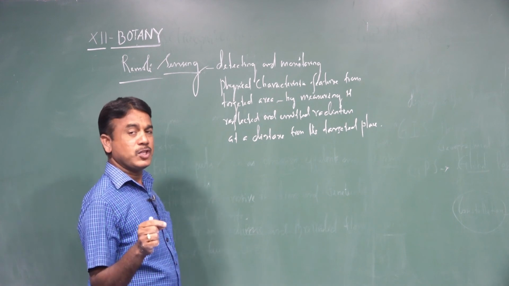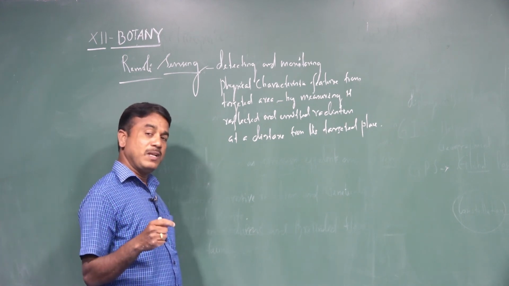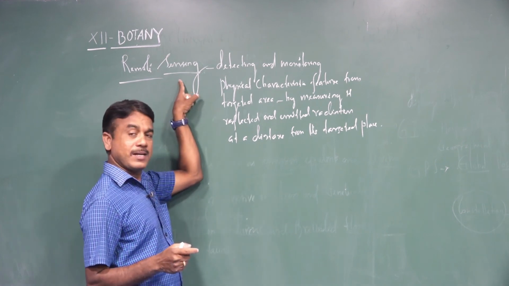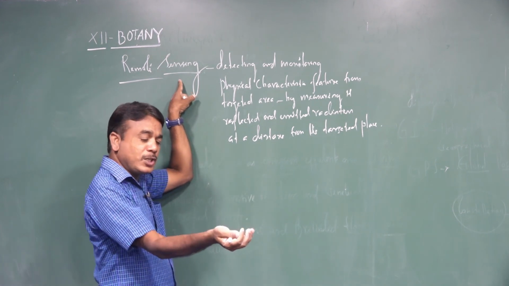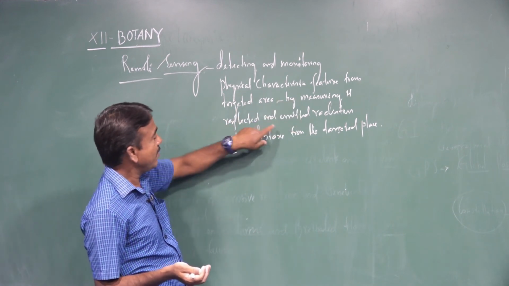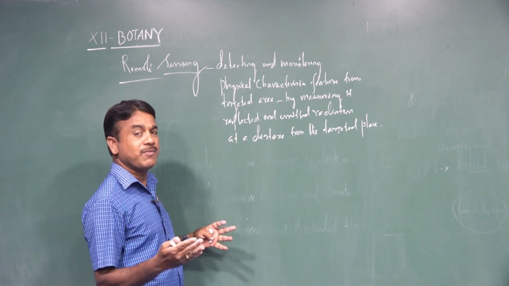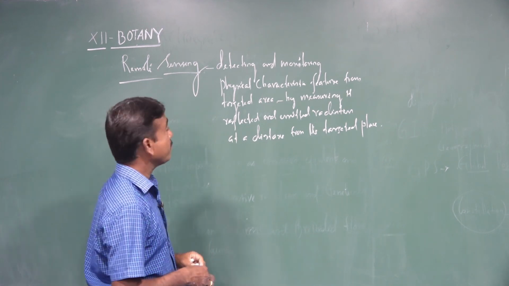Some objects are located far away from the location, so using the apparatus, you get some radiation and some reflected components from the object. From that you can clearly identify the kinds of objects.